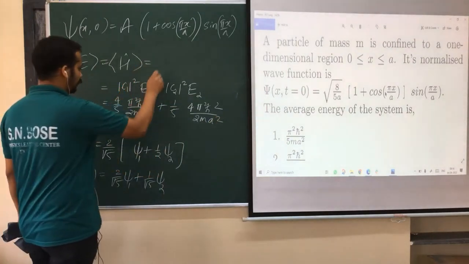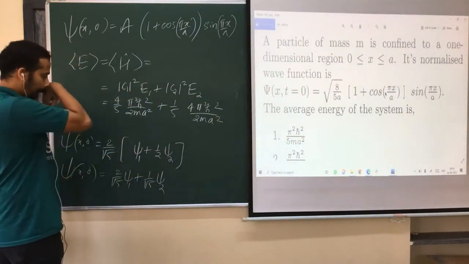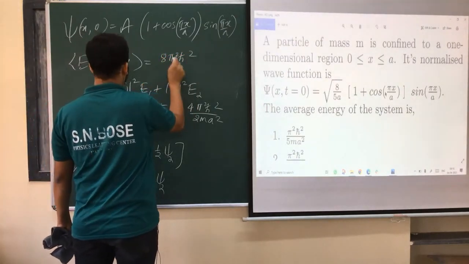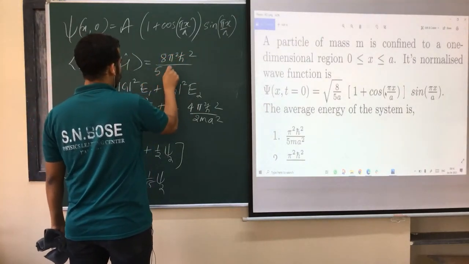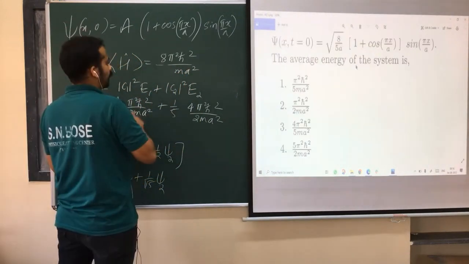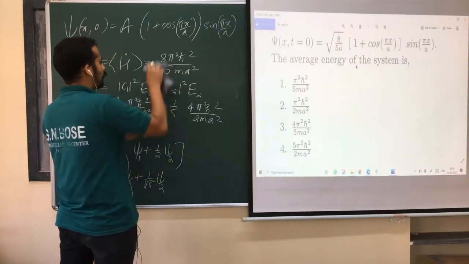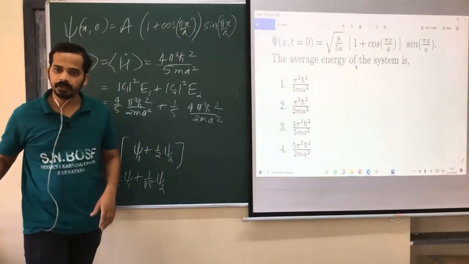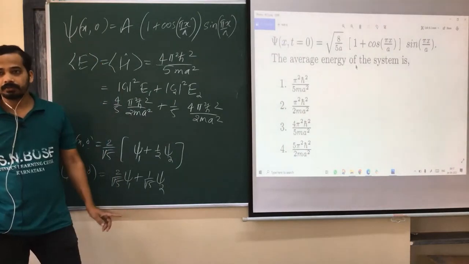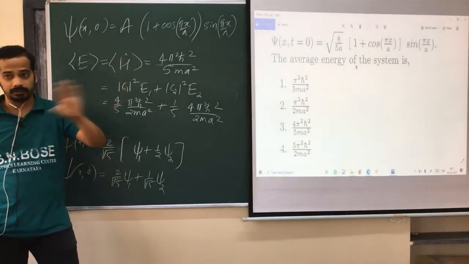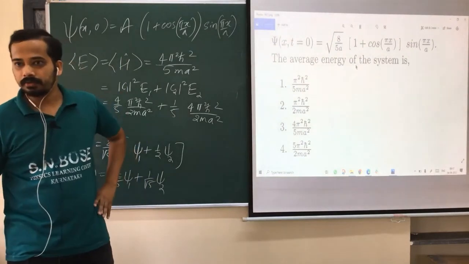So what is this one? 8 pi square h bar square by 5 into 2m square. Now look into options. Third option. Is that okay? I've done only algebra. Even though it was not normalized, I've done only algebra to normalize also.